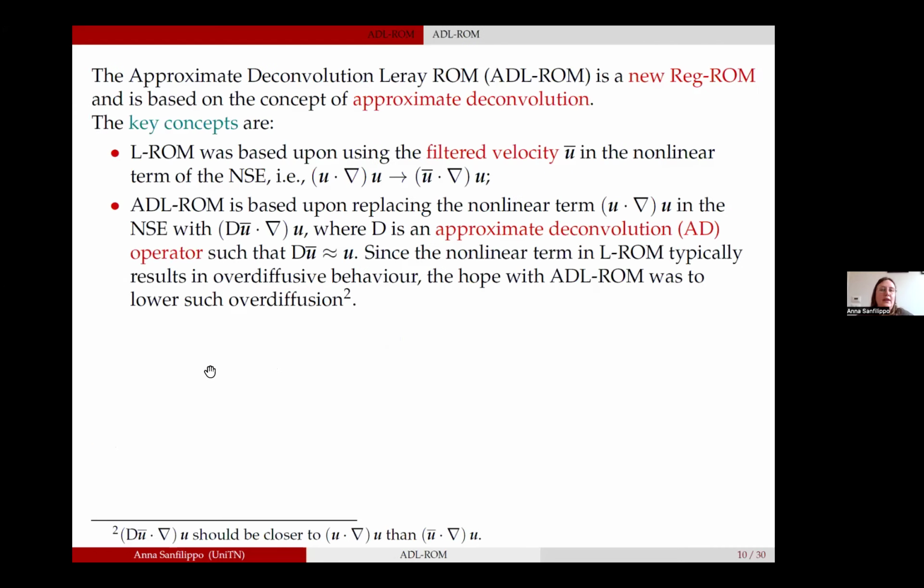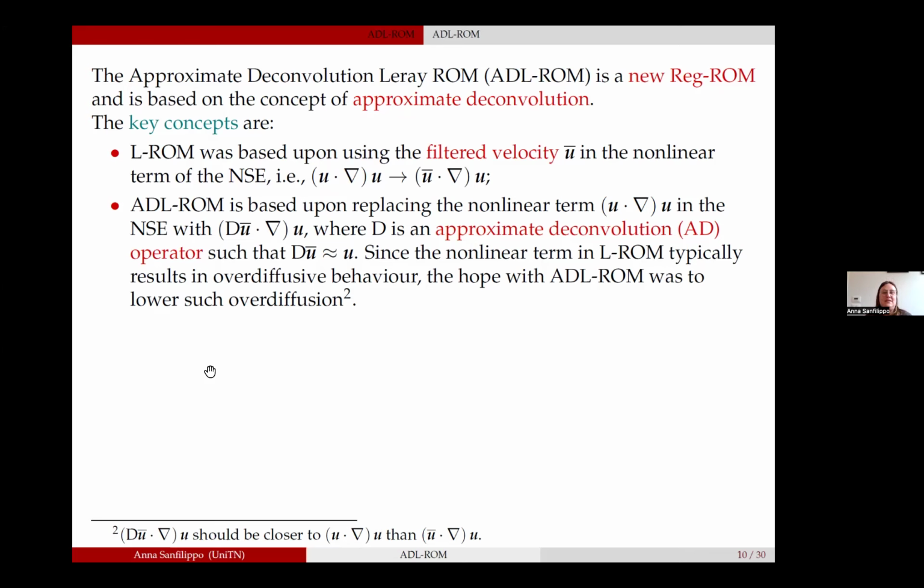So now, I said that G-ROM was good, but not good enough to properly describe the behavior of a turbulent flow. And then I introduced to you the L-ROM, saying the filter will fix the problem with the numerical inaccuracy. And so why do we think of another Reg-ROM?